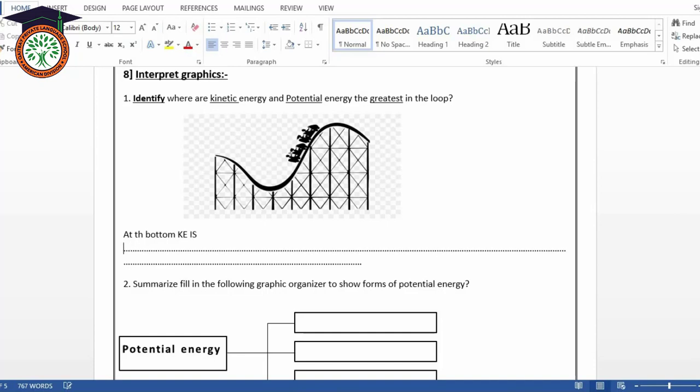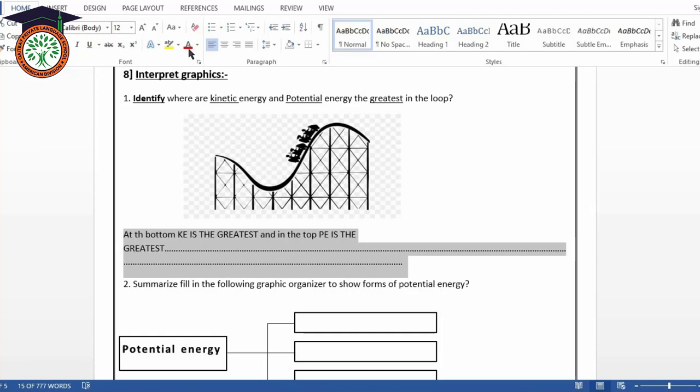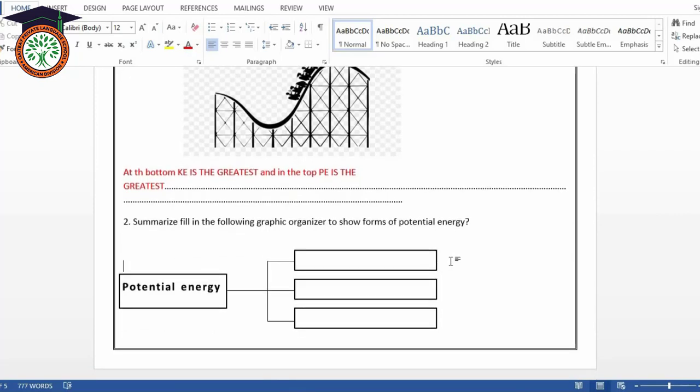So I'm going to say at the bottom, KE is the greatest, and at the top, PE is the greatest. Excellent. So this will be the answer to the question.